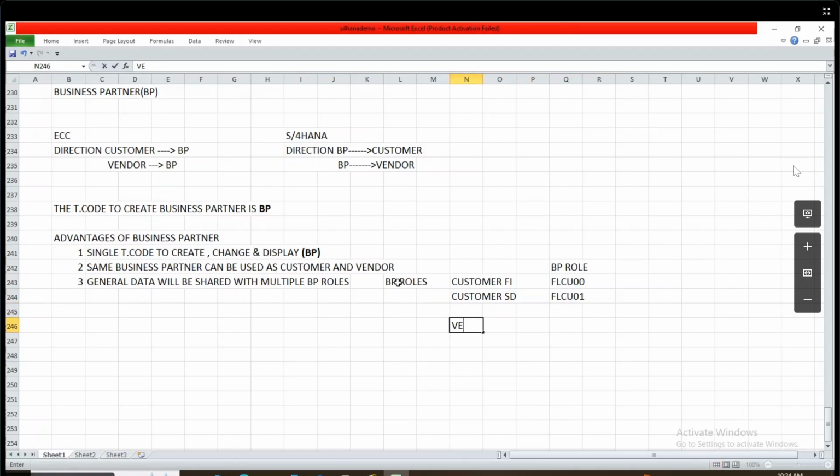Customer FI means you will get general data and company code data. Customer SD means you will get general data and sales area data. So vendor FI BP role is FLVN00 standard. Vendor purchase, FLVN01.